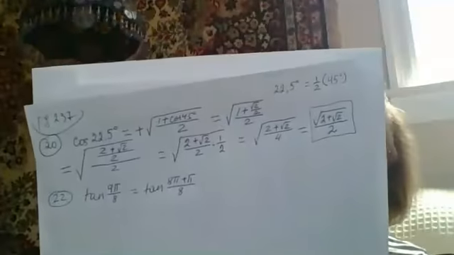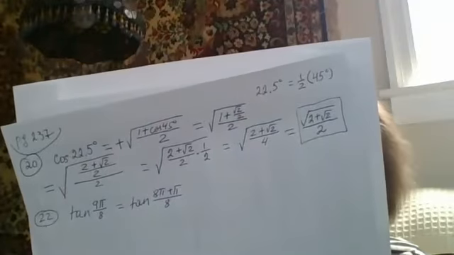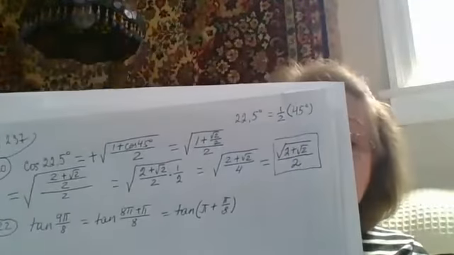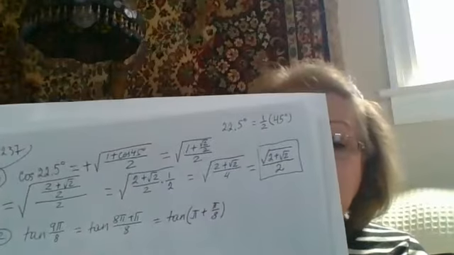Okay, so voila. And I will break this into two pieces. 8 pi over 8 is pi. And now, instead of that, I have tangent of pi plus pi over 8. And now I will simplify that.